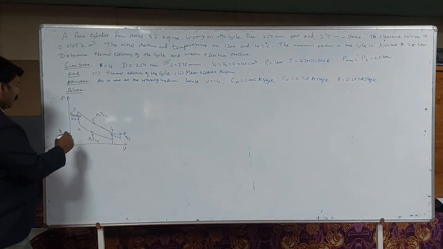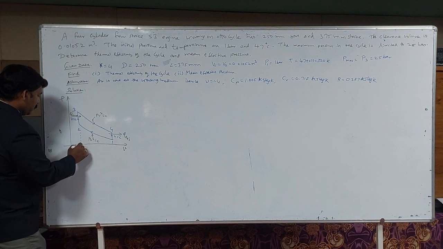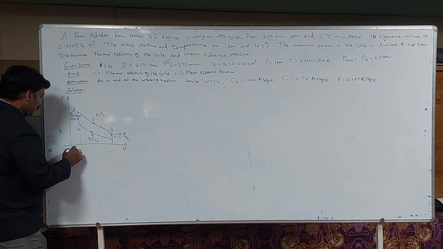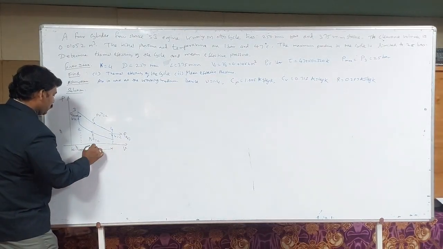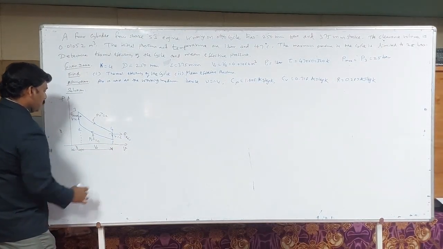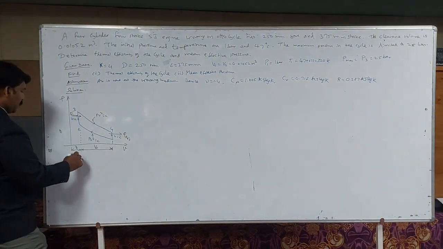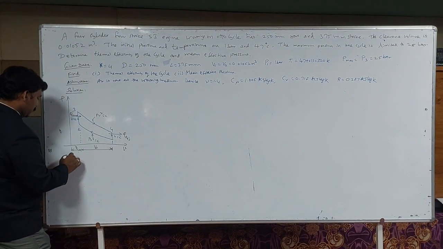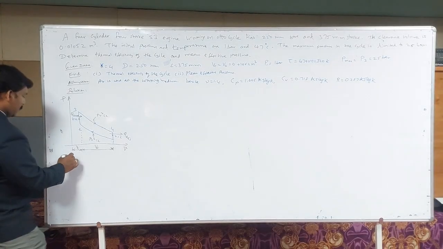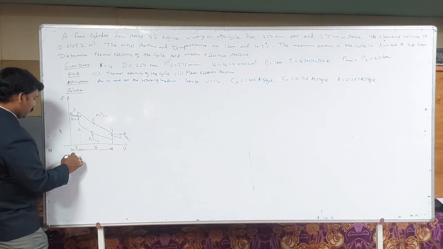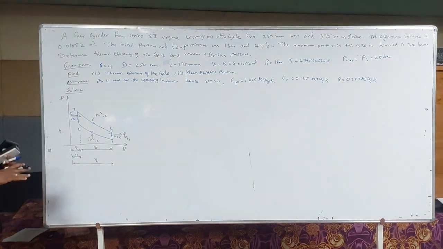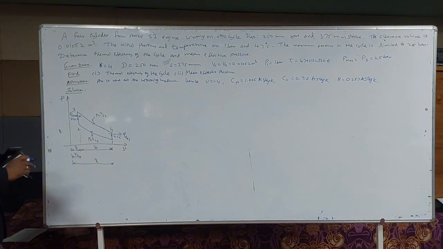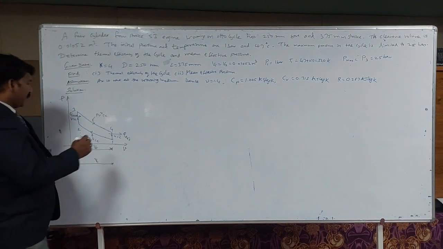And here this is the clearance volume Vc, and this is the swept volume Vs. This is also equivalent to V2, and this is equivalent to V1. So now we have to solve this problem. To solve this problem, let us start from here.